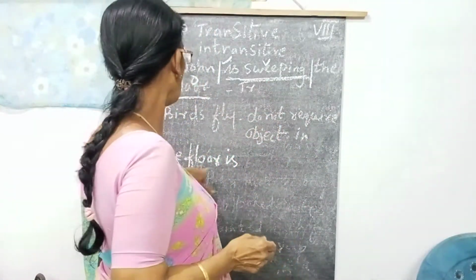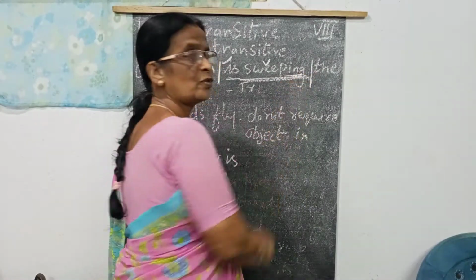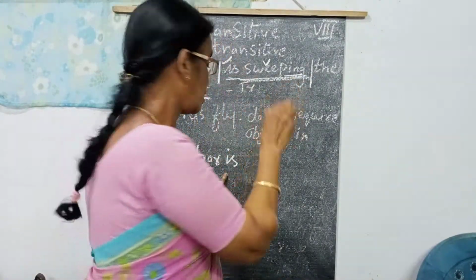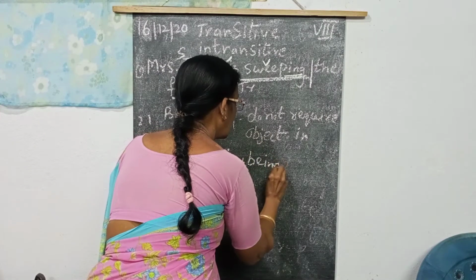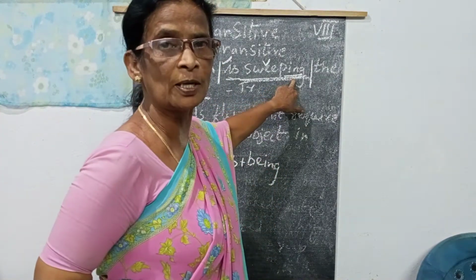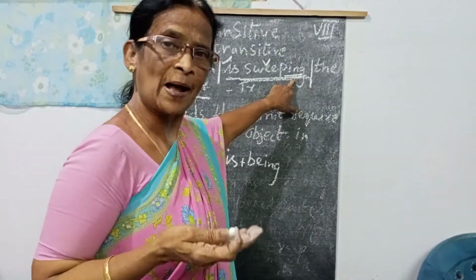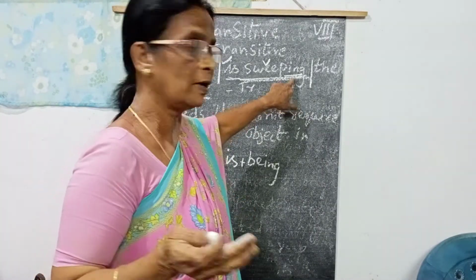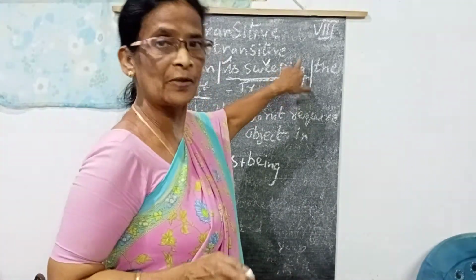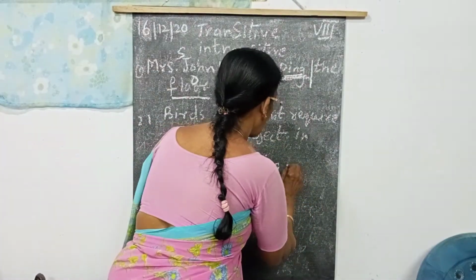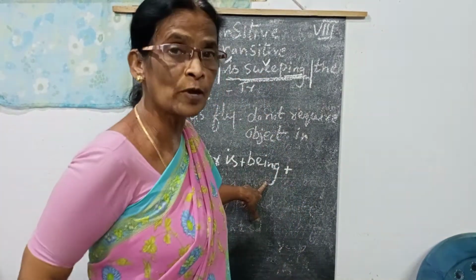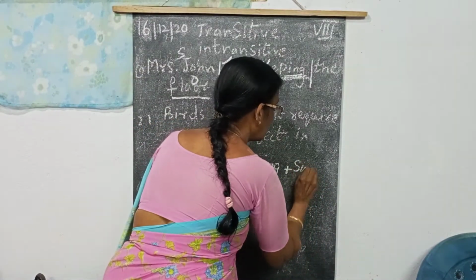So, the floor is, where is the ing? Instead of the ing, we have to add being. Whether past or future, wherever there is ing, in the place of the ing, we have to add being plus the past participle of sweep: swept.